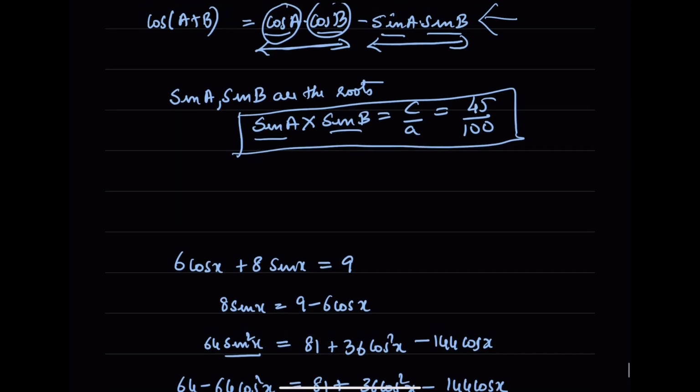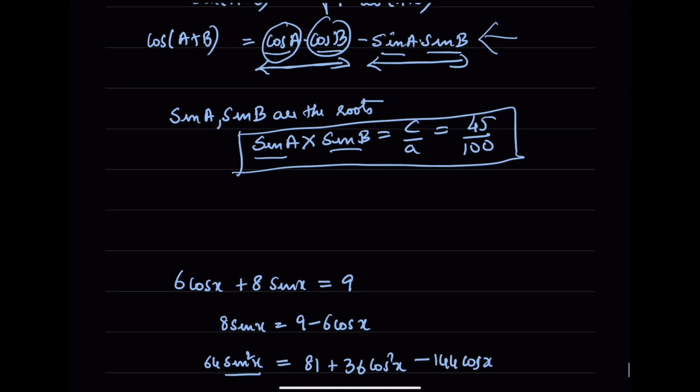Now let's go back to the question. We have sine A multiplied by sine B is 45 by 100 and cos A multiplied by cos B is 17 by 100.